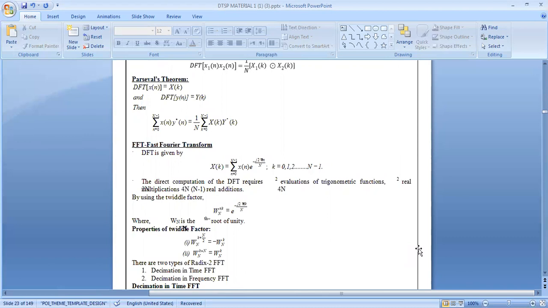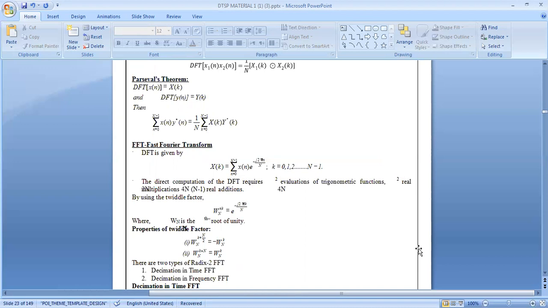The first property: W_N power k plus N by 2, if you are replacing k by k plus N by 2, is equivalent to minus W_N power k. For example, if we have N equal to 8, then W_N to the power of k plus 8 by 2, which is 4, so k plus 4, is nothing but minus W_N to the power of k.